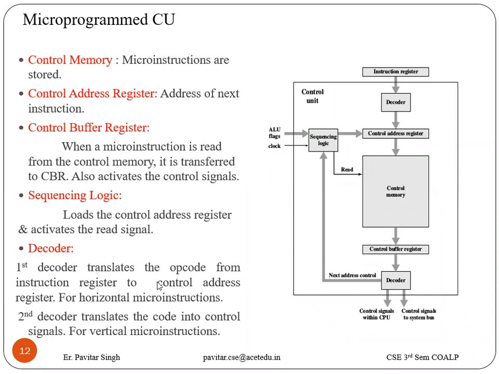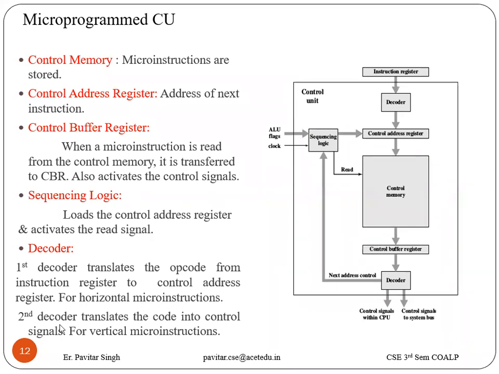First decoder translates the operation code from the instruction register to the control address register. So this decoder will translate the operation code which will be present in the instruction register to the control address register. This is used for horizontal micro instructions.